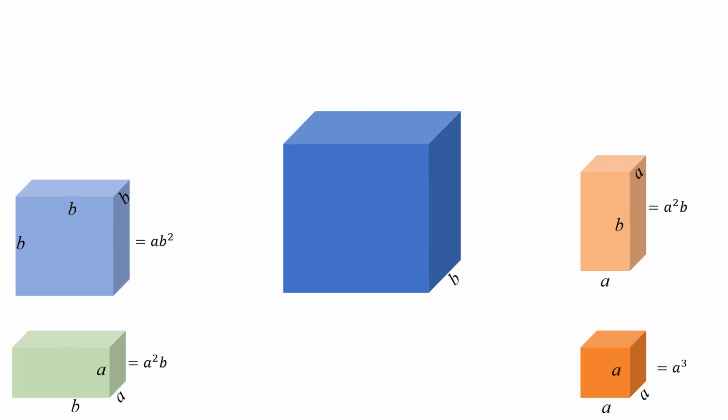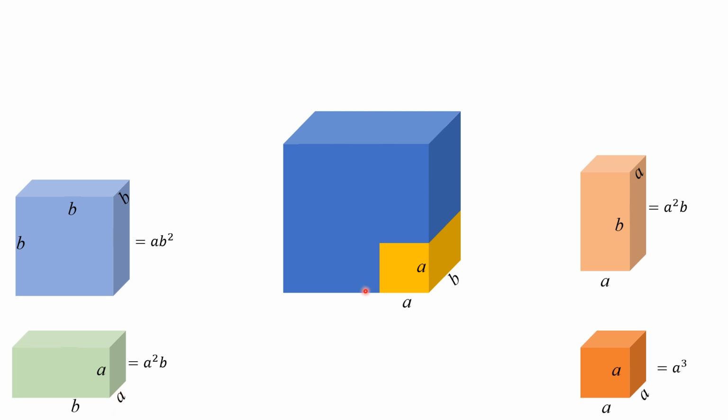Now again go to the main cube and think about another portion which can be taken away from the main cube. You see this portion again. In this remaining portion, this length is b, because in the previous part we have taken away this one from the front of this whole cube, and the total length was a plus b.